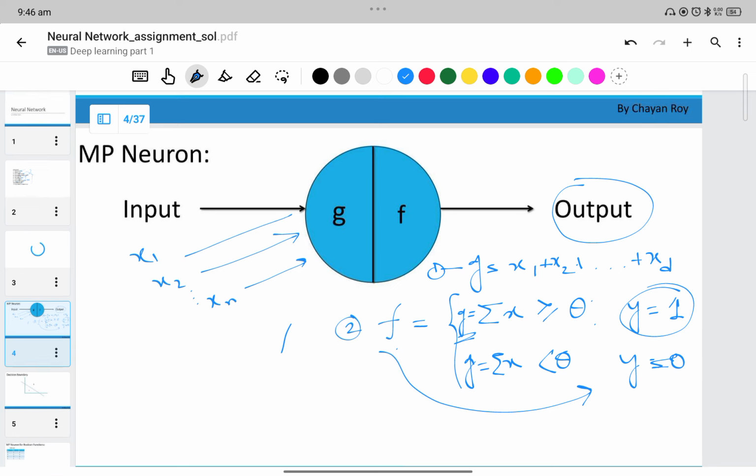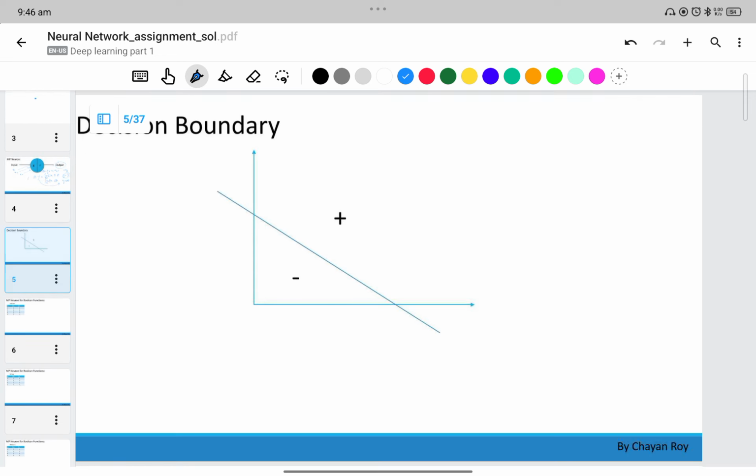Let's talk about the decision boundary. Let's say you have positive samples here and negative samples here. Basically, a decision boundary is a boundary that separates your positives from your negatives. This line is called the decision boundary.